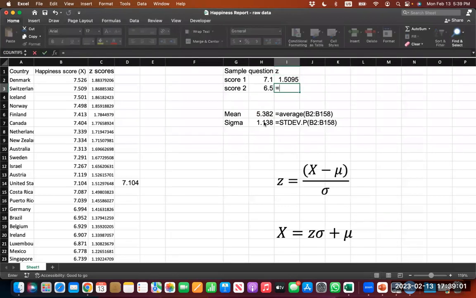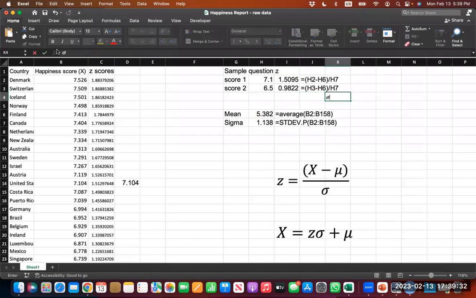You do the same exercise with this: this minus the mean divided by the sigma gets you from 1.51 to this one.